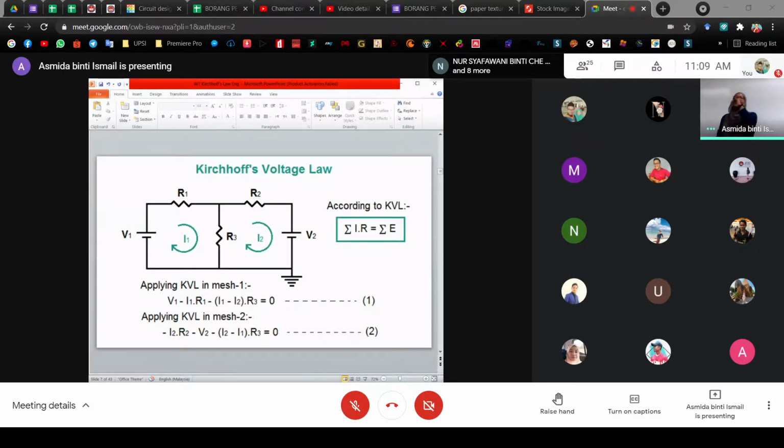You can look at your slide. We have an example circuit that has more than one voltage source. You can see V1 and V2. We have a battery voltage source V1, and the other voltage source on the other side is V2.